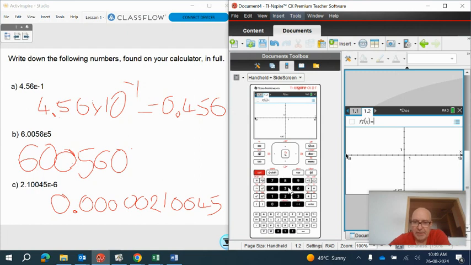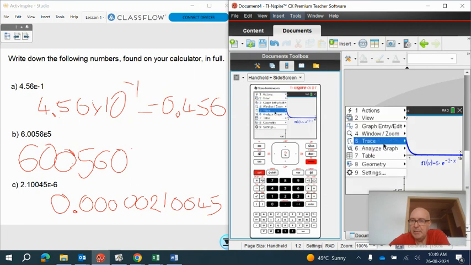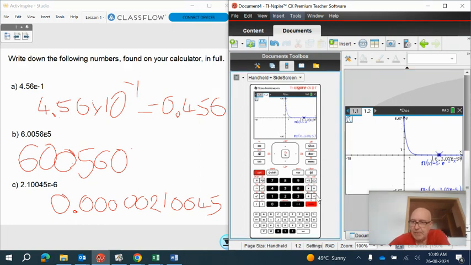Let me take an exponential function, something that starts about there, times e to the power of -2x. Okay, we get a function. Let's try and find a value over here. So to find a value, I can press menu, trace, graph. Let's find it around about at 6. So I type 6 on my keyboard, press enter twice, and there we get the number.